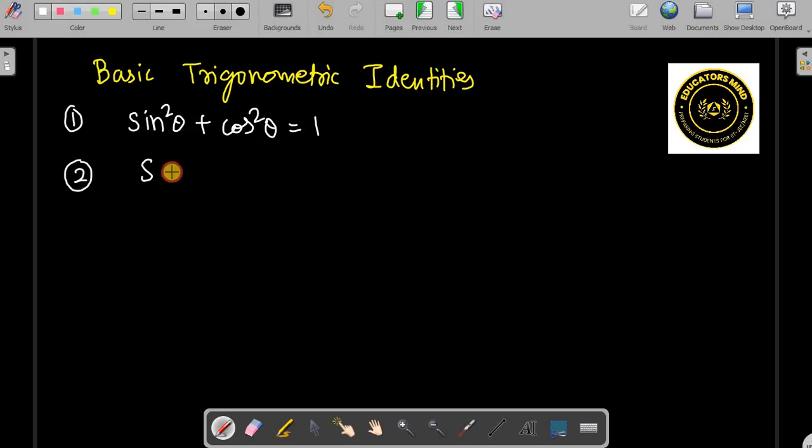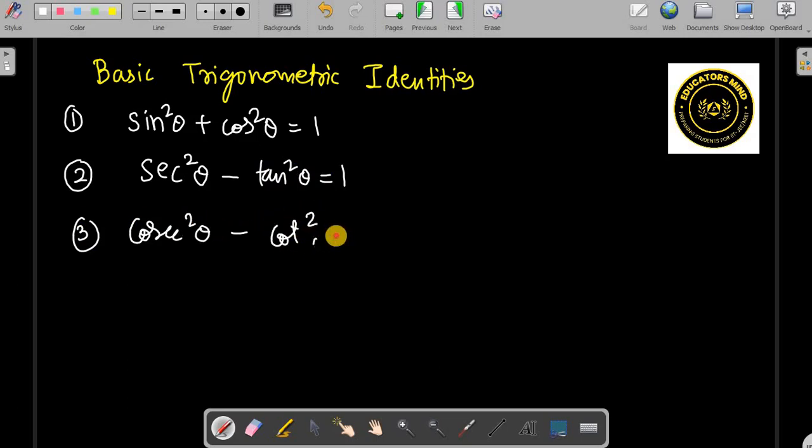Second, secant square theta minus tan square theta is equal to 1. Third, cosecant square theta minus cot square theta is equal to 1. All these basic identities are based on the Pythagoras theorem. It is very easy to prove them, so we are not going into that; we just need to know these formulas.